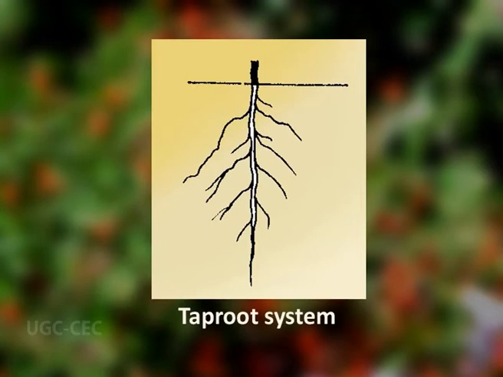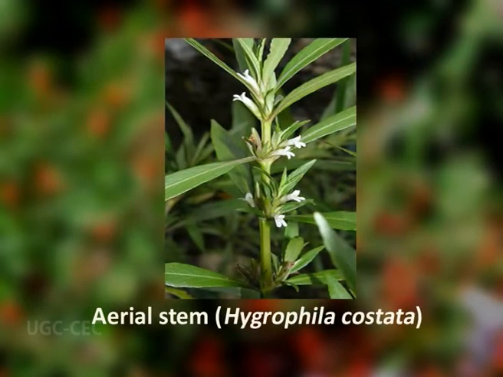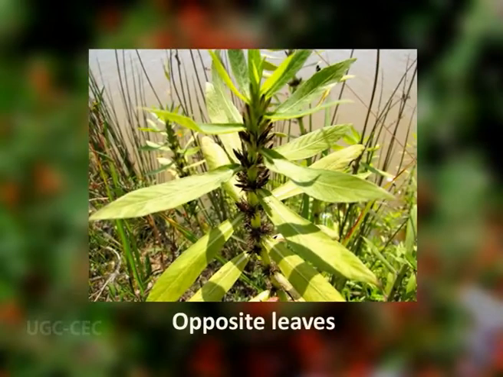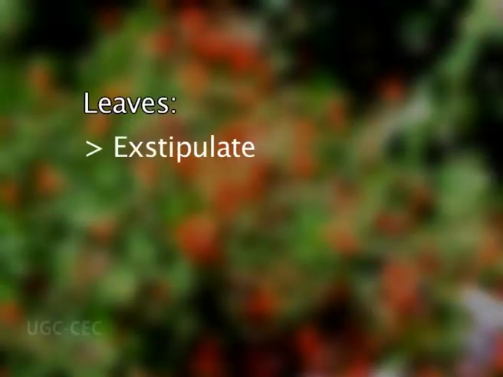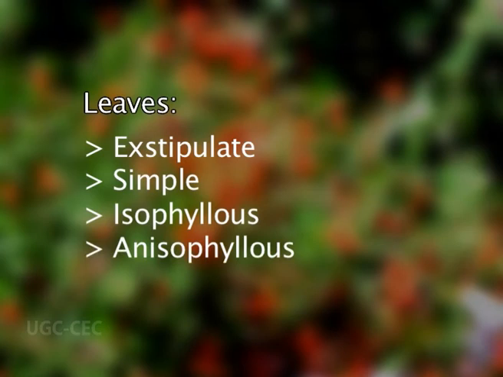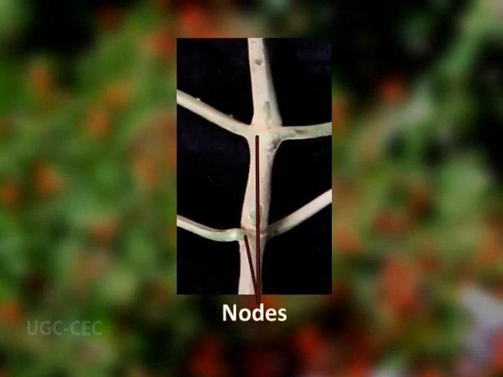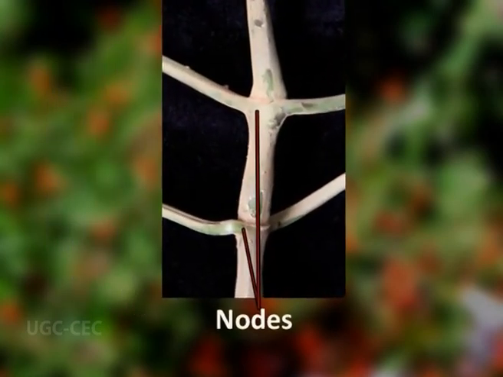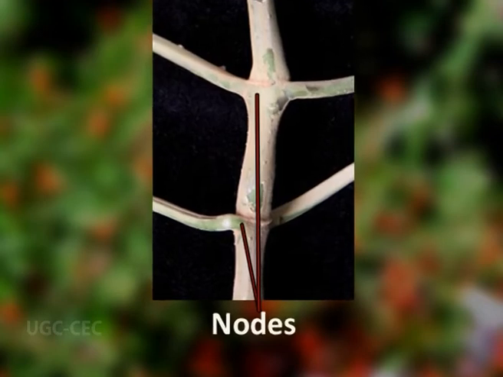Root in Acanthaceae is generally tap. Stem is aerial, erect, herbaceous, woody. It's cladoded in Hemigraphis. Leaves are generally opposite. They are alternate in Elytraria and Staurogyne, exstipulate, simple, isophyllous or anisophyllous. Nodes are often swollen, sometimes spinose, with spines derived from reduced leaves.